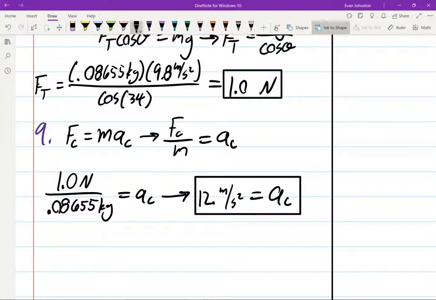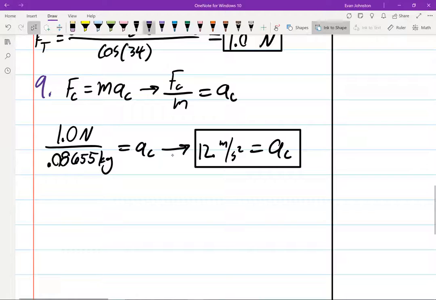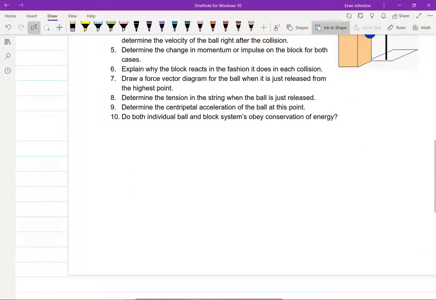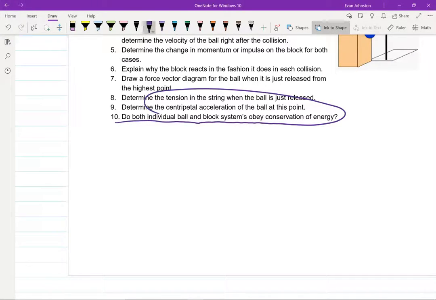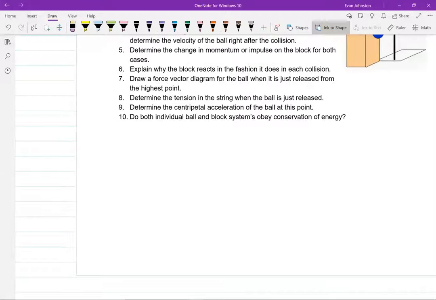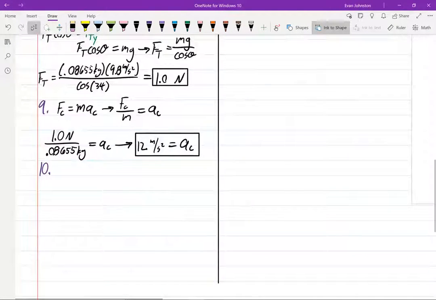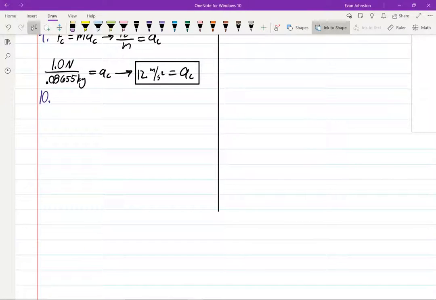Excellent. Now part 10, the very last part, is a description part. Do both individual ball and block systems obey conservation of energy? So it's not talking about momentum anymore, it's talking about energy. Looking at the ball on the fall down, sure, it obeys conservation of energy.